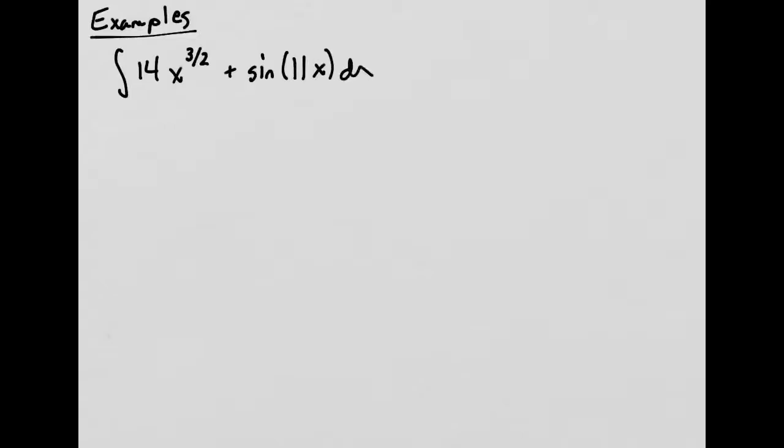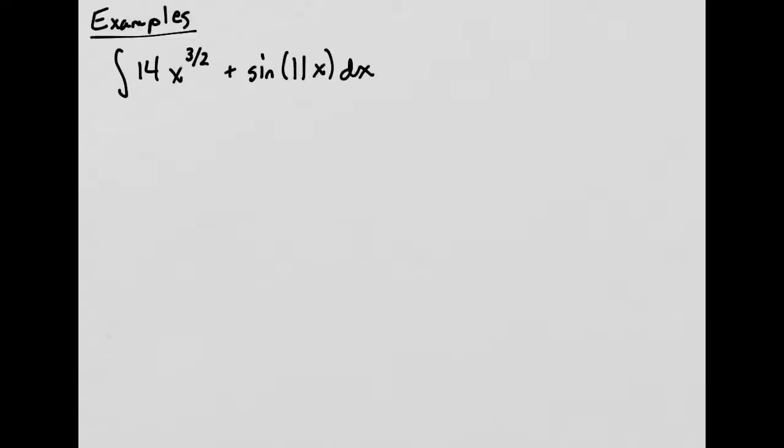All right, so let's do a few of these just as examples, and then you will get a chance to do some as well. As an example, let's do the integral of 14x to the 3 halves plus sine of 11x dx.